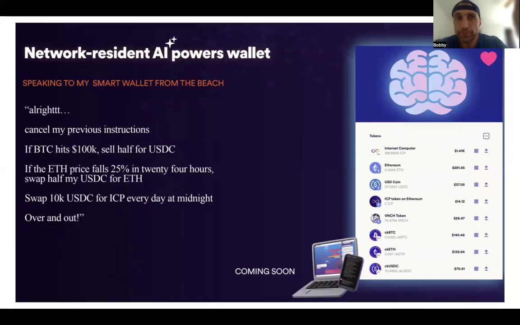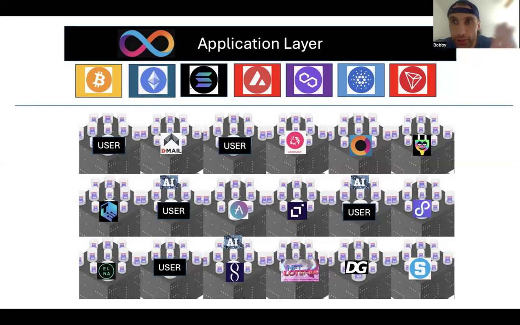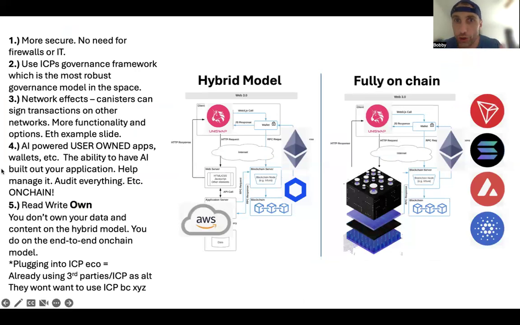So the fact that these things are going to be possible in ICP, guys, there are no applications on these other networks. When they say "on XYZ network," what they're saying is that they put their token on that network. But for almost everything else, 99% of the computation is happening on big tech cloud.